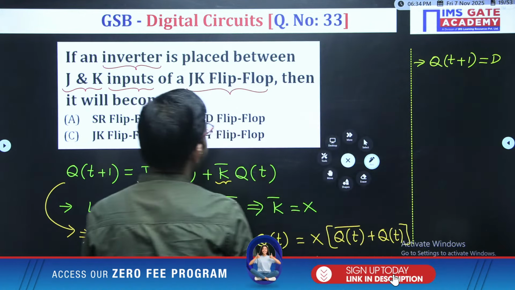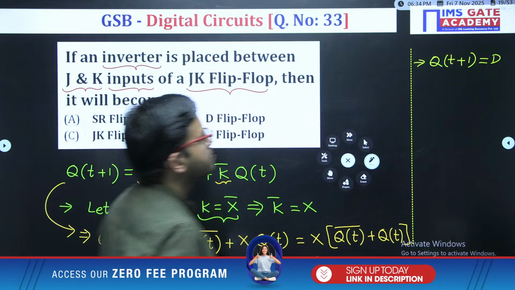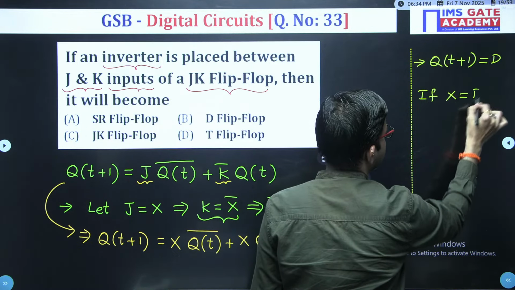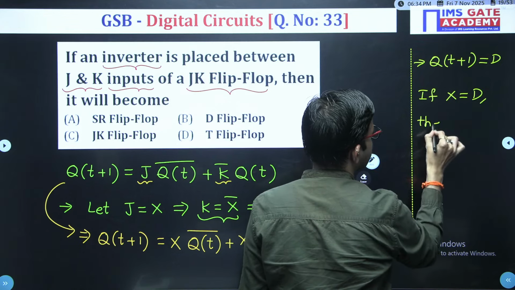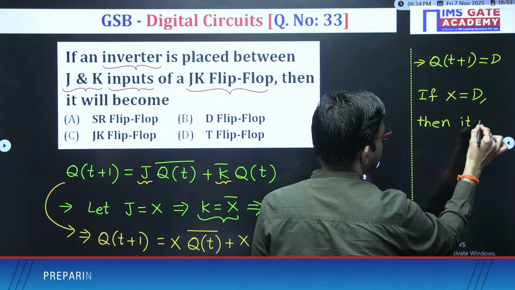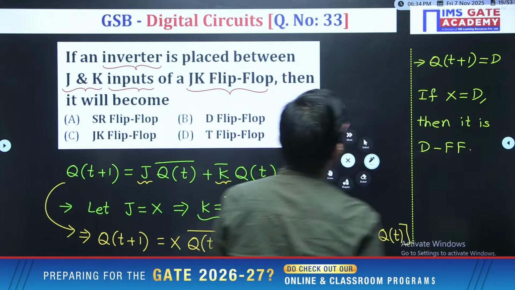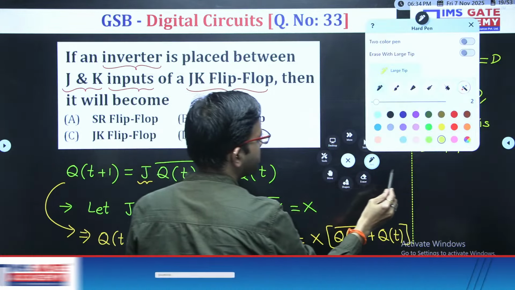So if X equals D, then it is a D flip-flop. Right? So option B is the correct answer for this question.